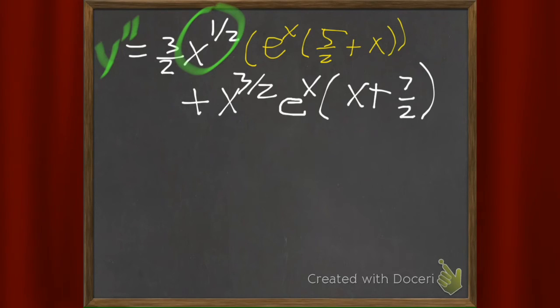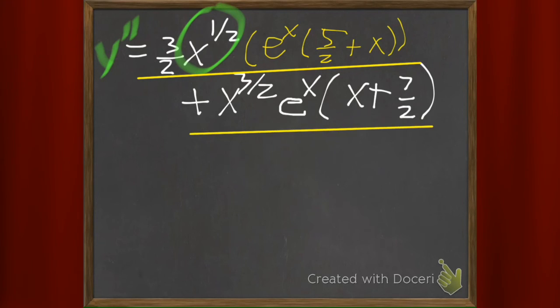Before we go any further, how many terms do I have here? I have 2 terms. I have this term, and I have this term. But what about this? That's a sum inside of that first term.